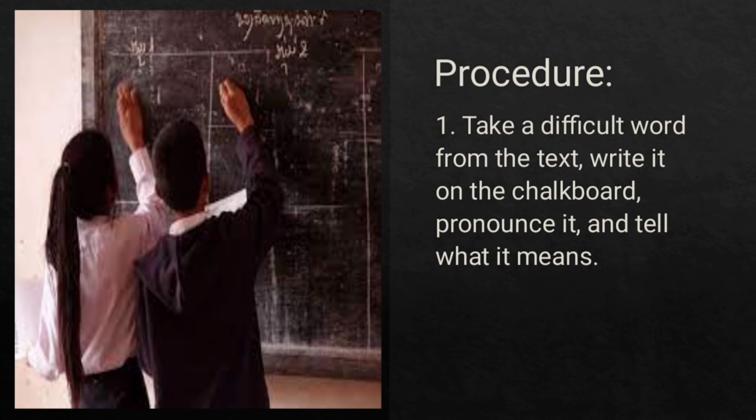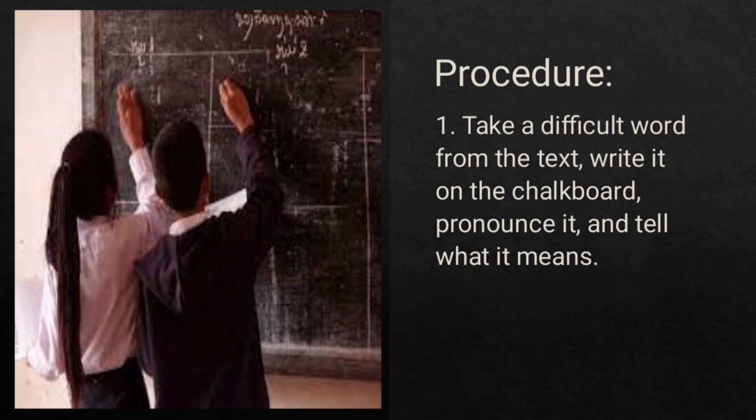So these are the procedures again. I do have also the procedures on this topic. Procedure number 1, take a difficult word from the text, write it on the blackboard, pronounce it, and tell what it means. So procedure number 1 is, for the first topic earlier, the teacher just picked the word that she thinks is really unfamiliar to the students.